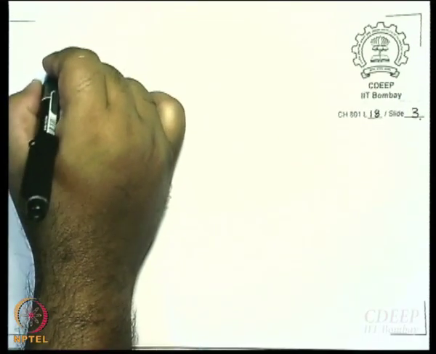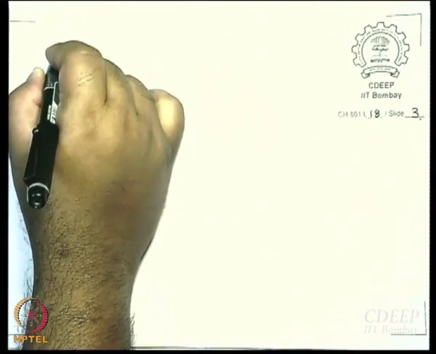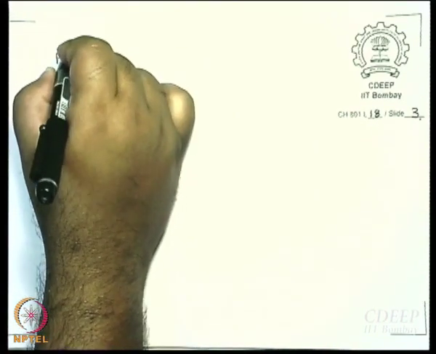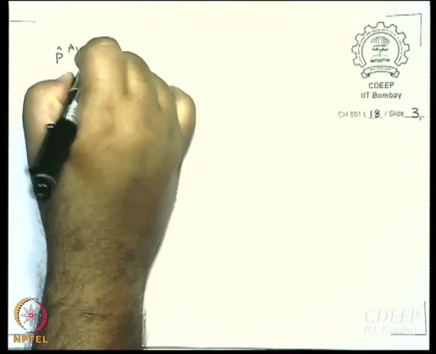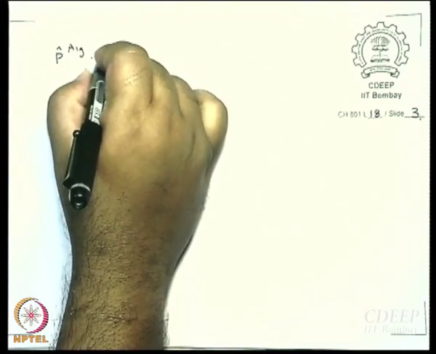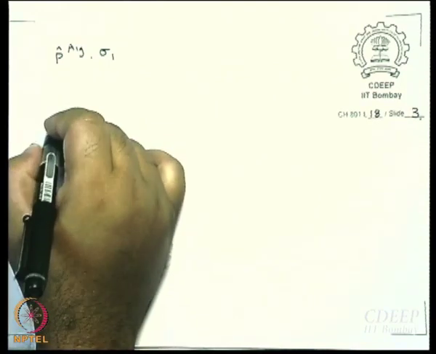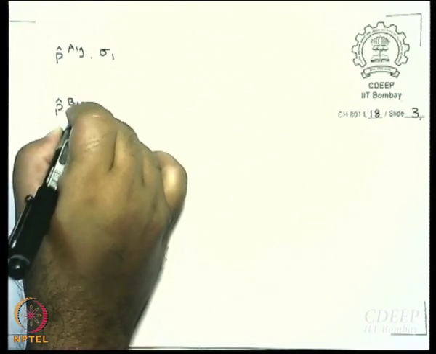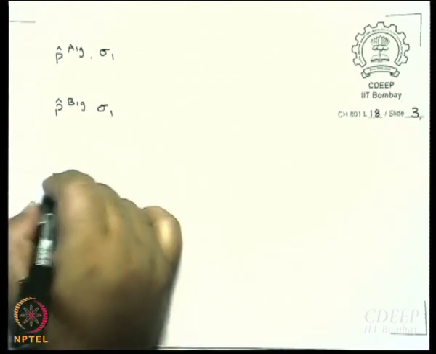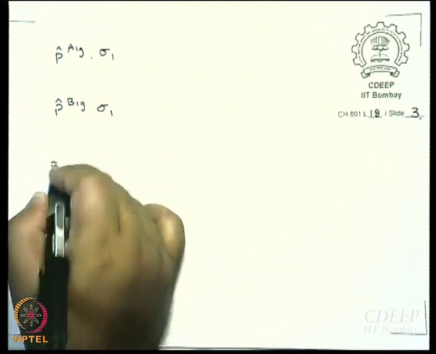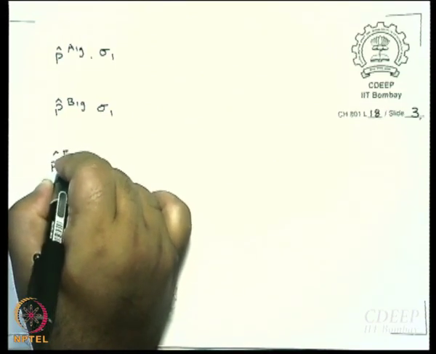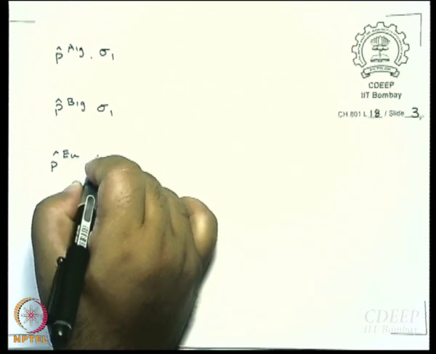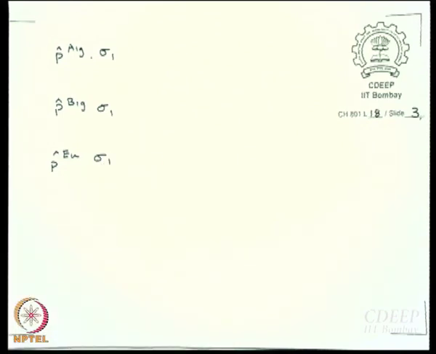So what I want is, tell me what is P A1g operating on sigma 1, what do you get? What happens when you make P B1g operate on sigma 1? What do you get when you make P Eu operate on sigma 1? Okay, so, ready for the character table?